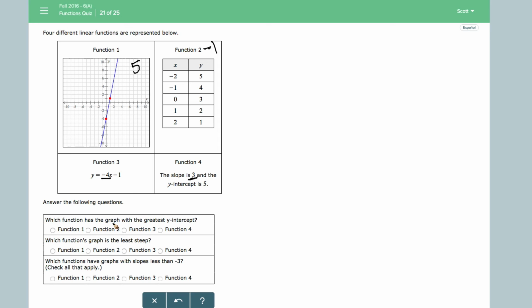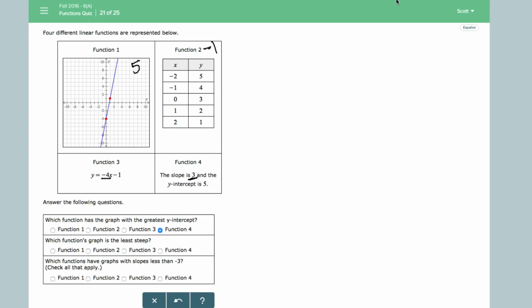Which function has a graph with the greatest y-intercept? That one's -4, that one's 3, so far that's the winner, -1, and 5. So we have our answer there. Function 4 has the greatest y-intercept, the highest.